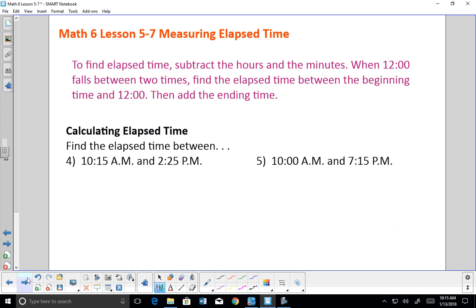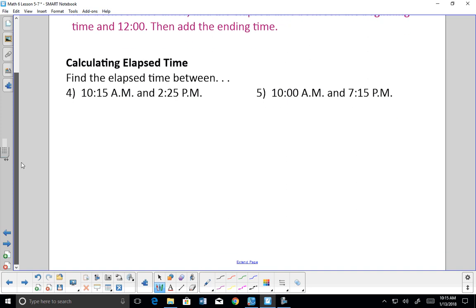When 12 falls between two times, you'll find the elapsed time between the beginning time and 12, and then add the ending time. So, if we're going to calculate the elapsed time between 10:15 a.m. and 2:25 p.m., most people are not familiar with military time, so I'm not going to show this using military time.